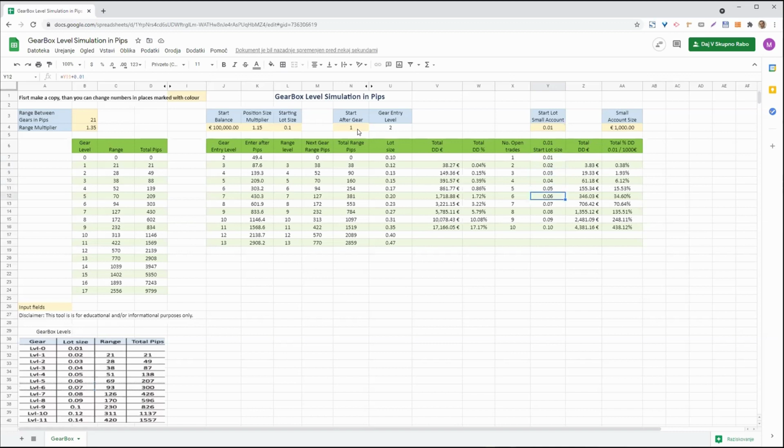But the basic logic is to find the best way to enter and have just about 2 or 3 open trades for one currency pair. Because in the other case, if we go in too early, we see the drawdown is dramatically going up.